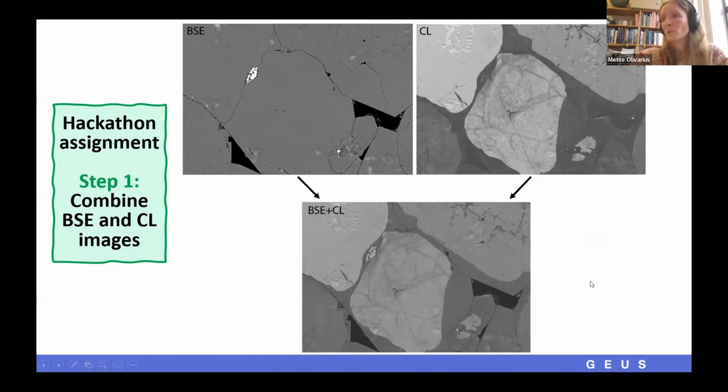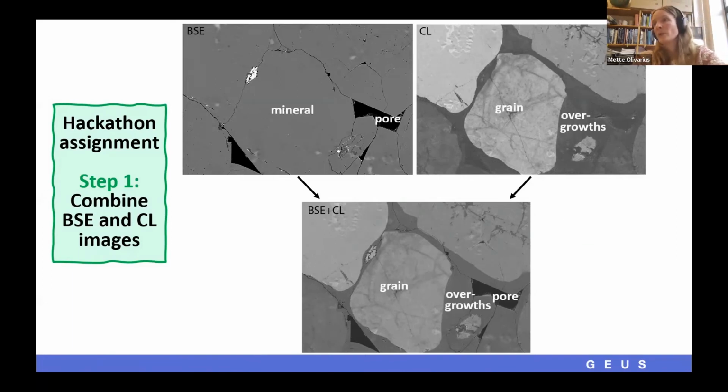So first step would be to make a way to combine them. And yeah, again, you can see when you look here, it's easy to see the difference between the mineral and pore. When you look at the CL, you can see the difference between the grain and overgrowth. And when you look at combined, it's easy to see all three of these.